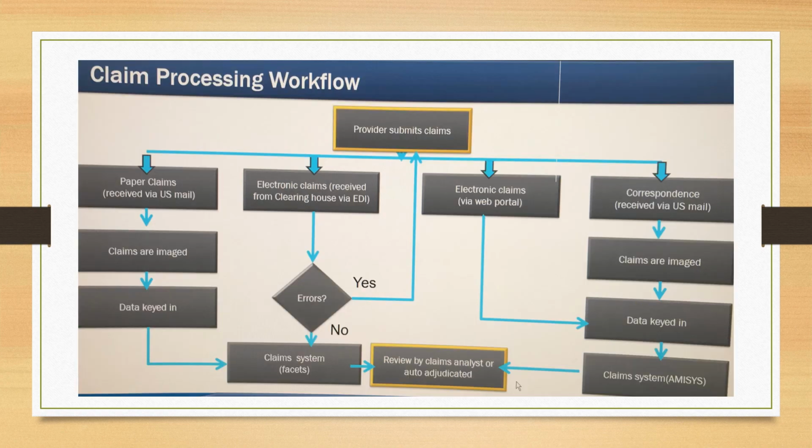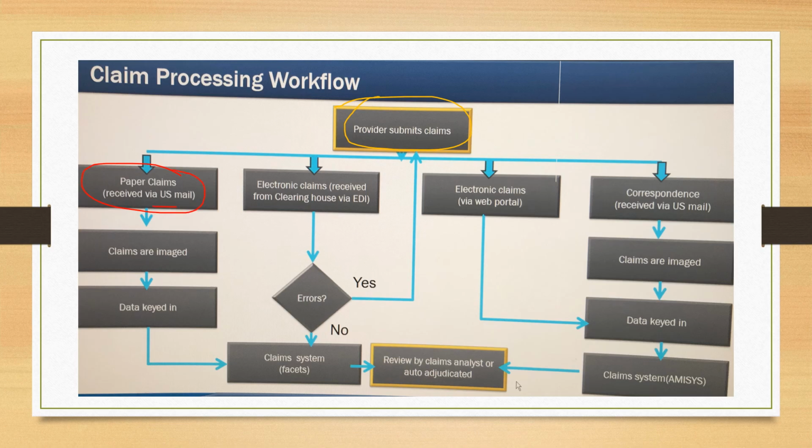Let me show you another picture, a simple version of it. For example, this is a provider. It can be the hospital, it can be your clinic, it can be a nursing home. So they will submit the claim. This is a paper claim, and it's being received by US mail.